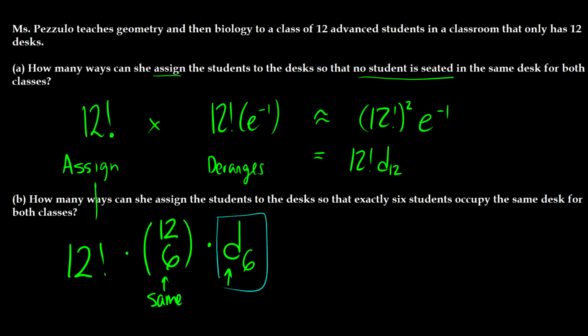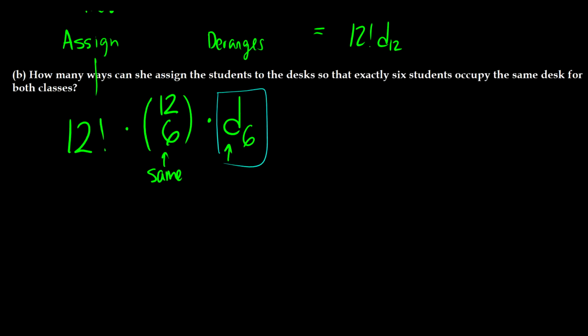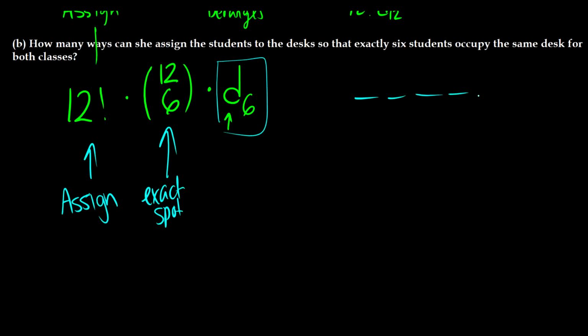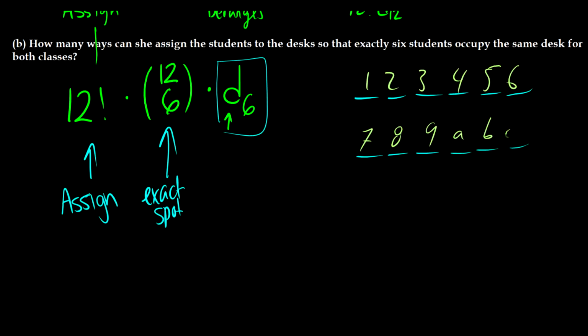So again, if I go over this example a little bit more, just to reiterate, first of all, we assign seats to the 12 individuals. Then we choose 6 of them to be in the exact spot for both classes. So for instance, if we have 12 desks here and 12 desks here, let's say we have some arrangement, so coincidentally, 1, 2, 3, 4, 5, 6, and they just happen to be in this order here.